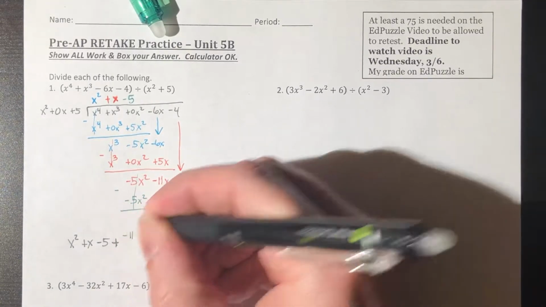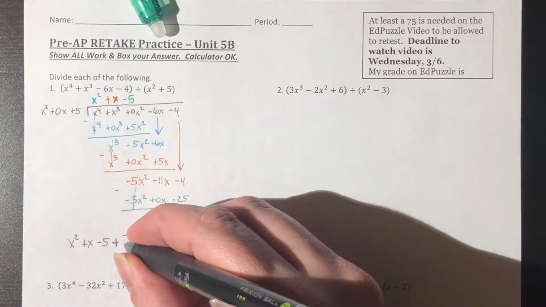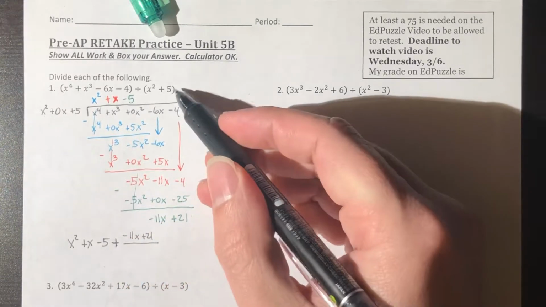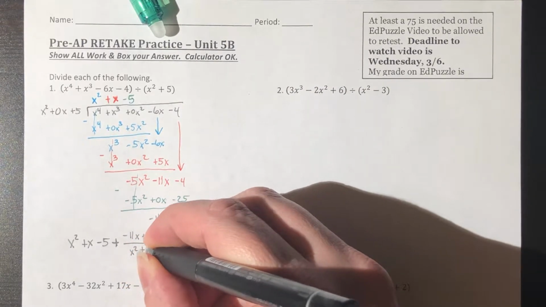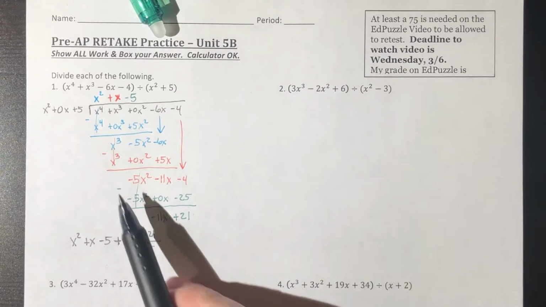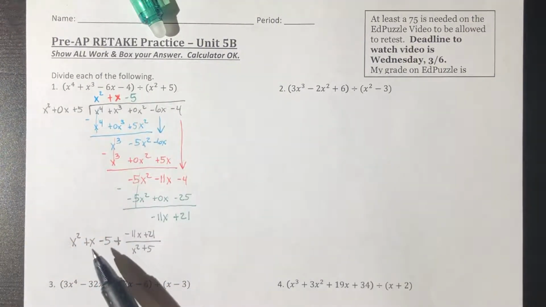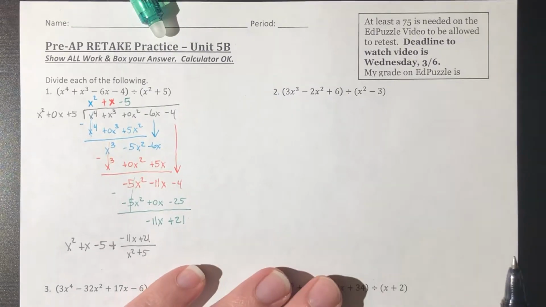That's going to go in my numerator, so negative 11x plus 21 over what it was I was dividing by, x squared plus 5. So the quotient of this problem is x squared plus x minus 5 plus negative 11x plus 21 over x squared plus 5.